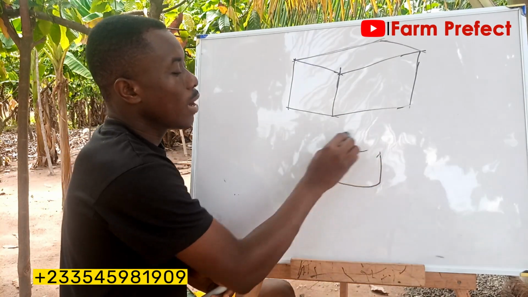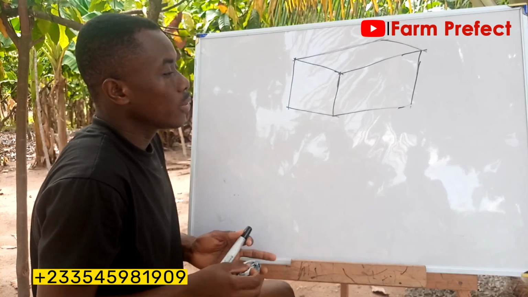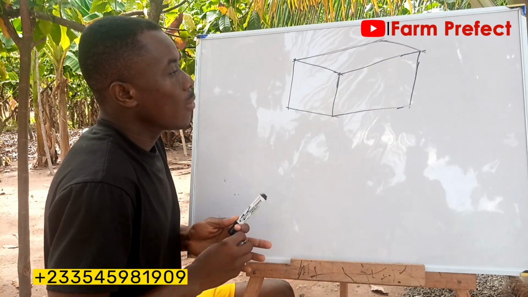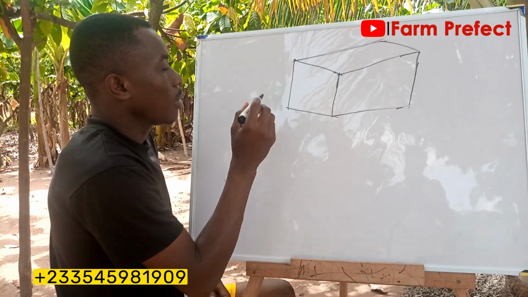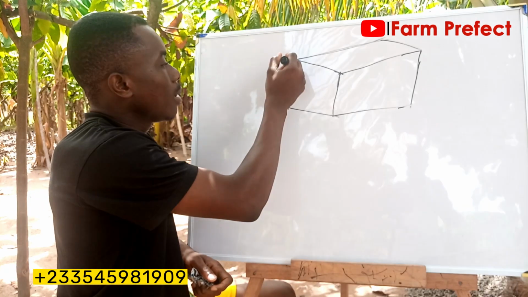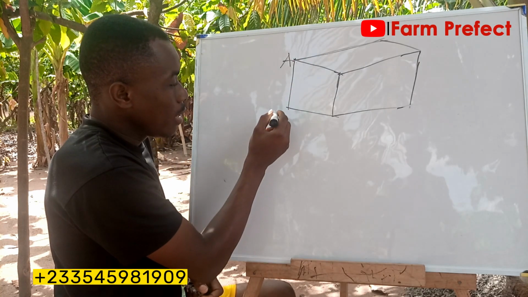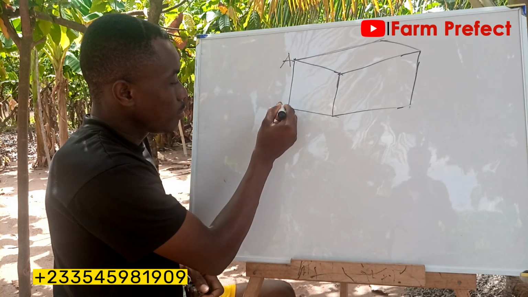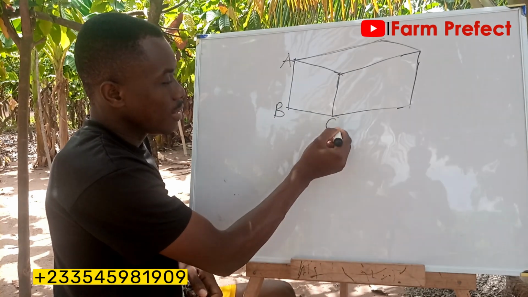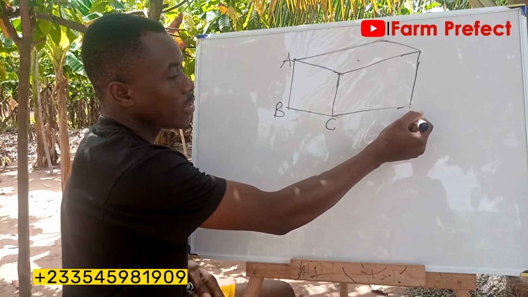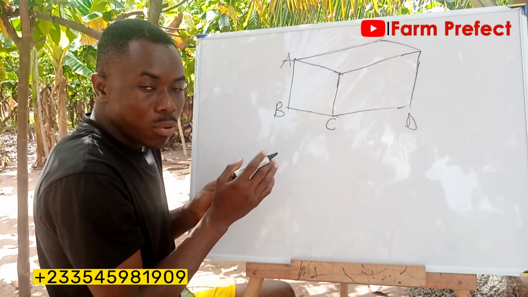Okay, so I want to show you some basic things so that it will help us in our calculation. So I want us to do some alphabet. So this point we'll call it A, then we'll call this point B. Let's call this point C. Then let's call this point here D. This is important.